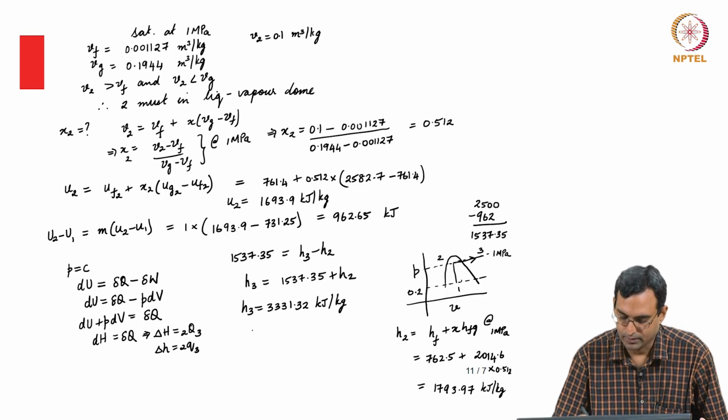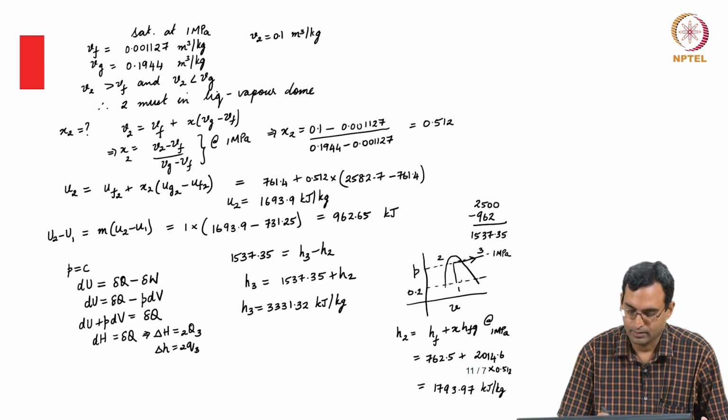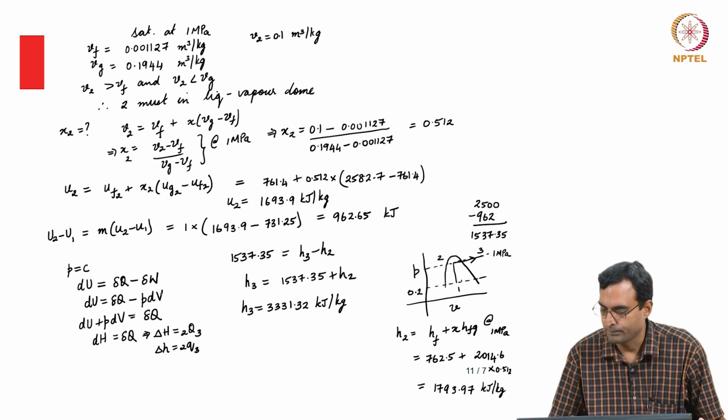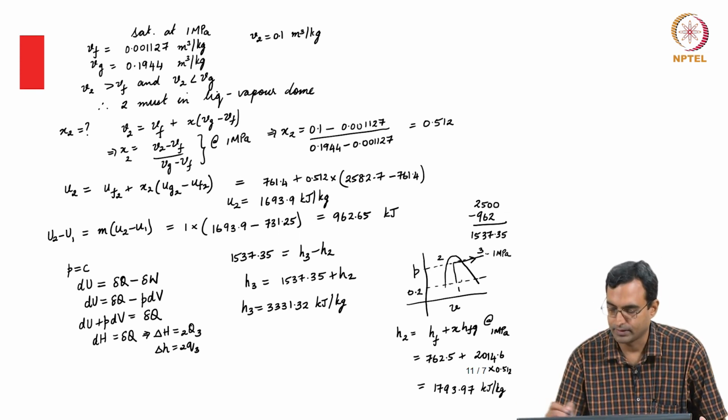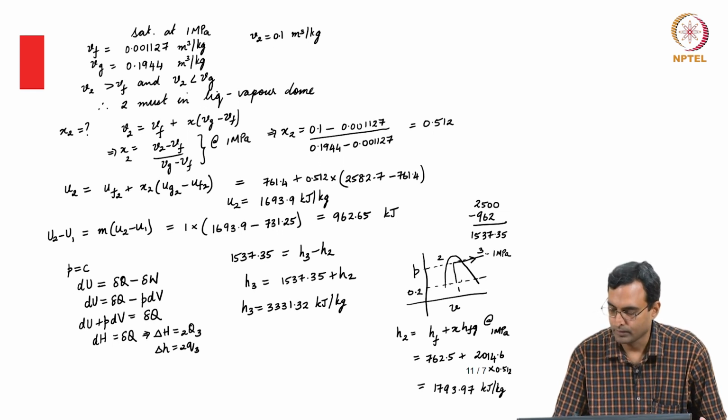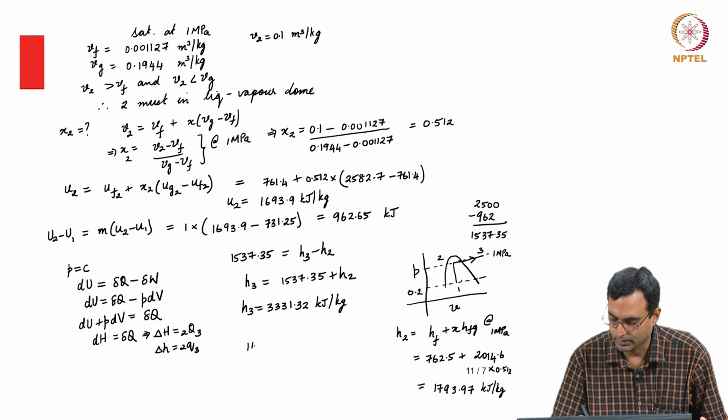The work done is essentially this P dV, that is the work done. So, I can find out that. Let me also find out the final state first, which is possibly easier to do. So, I am looking for a condition which is at 1 megapascal with an enthalpy of 3331.32 kilojoule per kg.